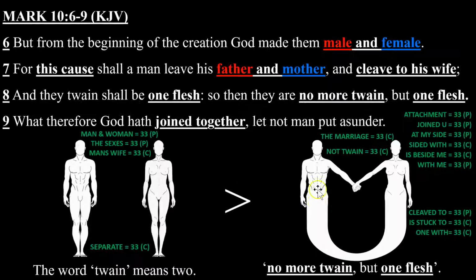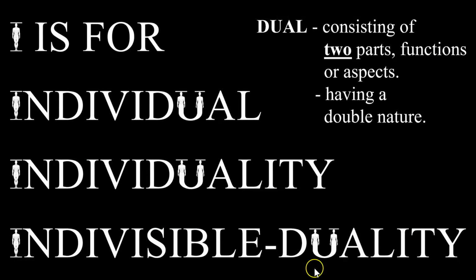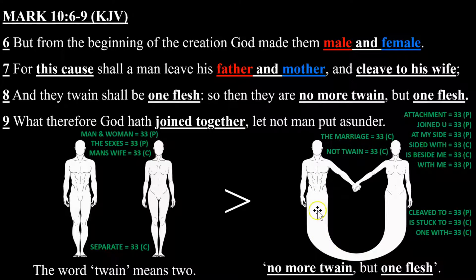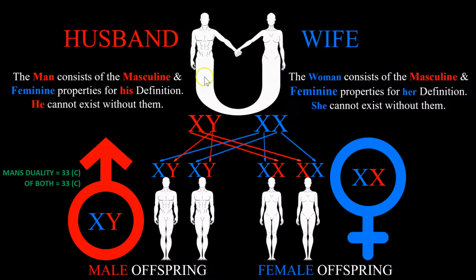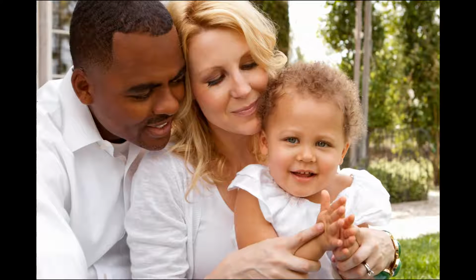Indivisible, meaning unable to be divided or separated, and duality, meaning qualities of being dual, with dual meaning consisting of two parts, aspects or functions. These two parts or properties being masculine and feminine, as they are essential for the life of the individual. This is observed most notably with children taking after the likeness of both their parents.